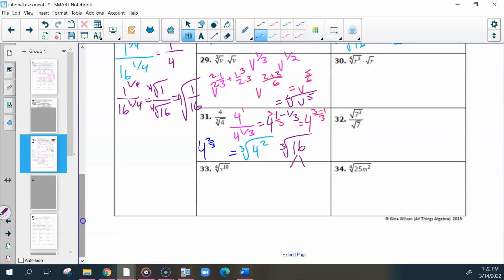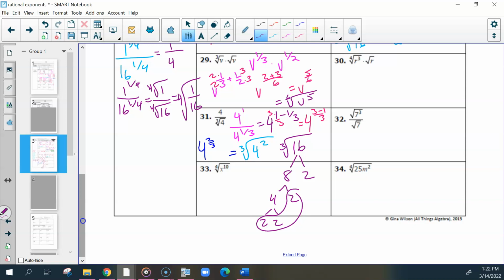Because we know, if I'm just thinking factors of 16, 8 and 2, 4 and 2, 2 and 2, we would have a group of 2's in there.